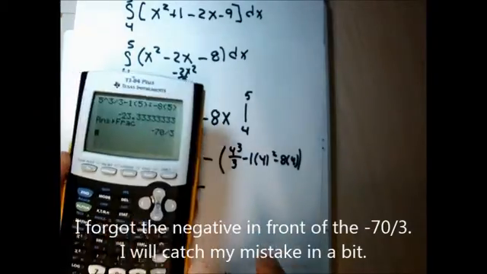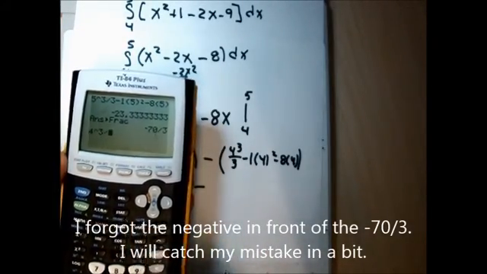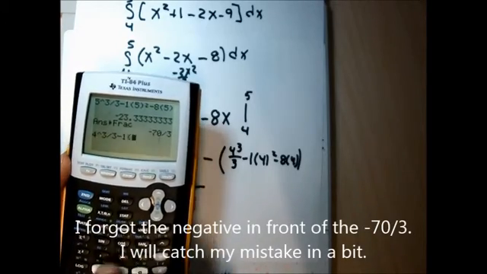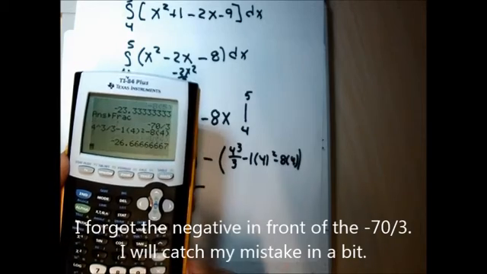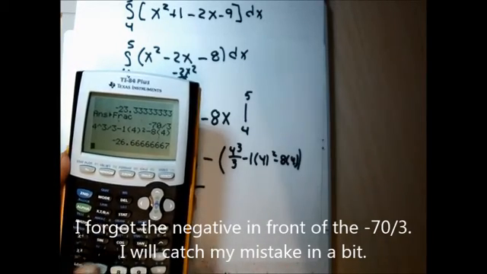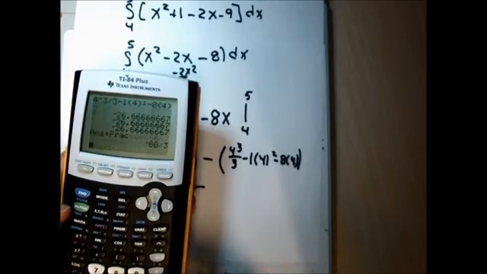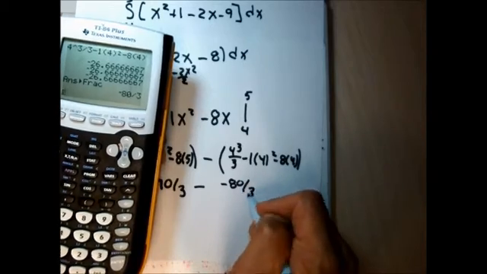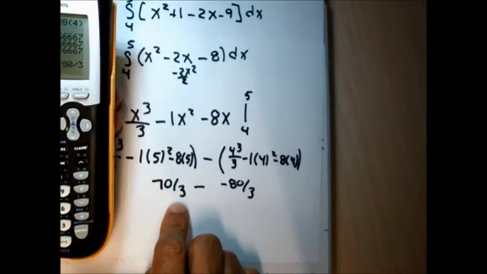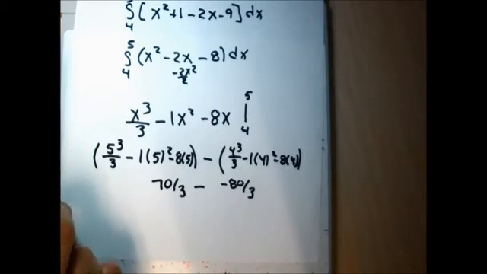Bring down the minus sign, work on the second one. 4 up arrow 3 divided by 3 minus 1 times 4 squared minus 8 times 4. That's minus 80, minus a negative 80 over 3. So I need to go 70 over 3. Did that come out to a positive? I can't go back.